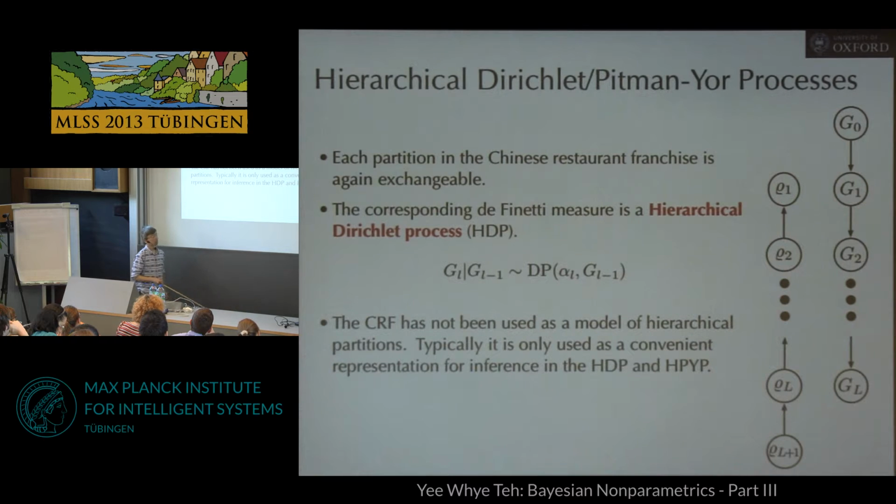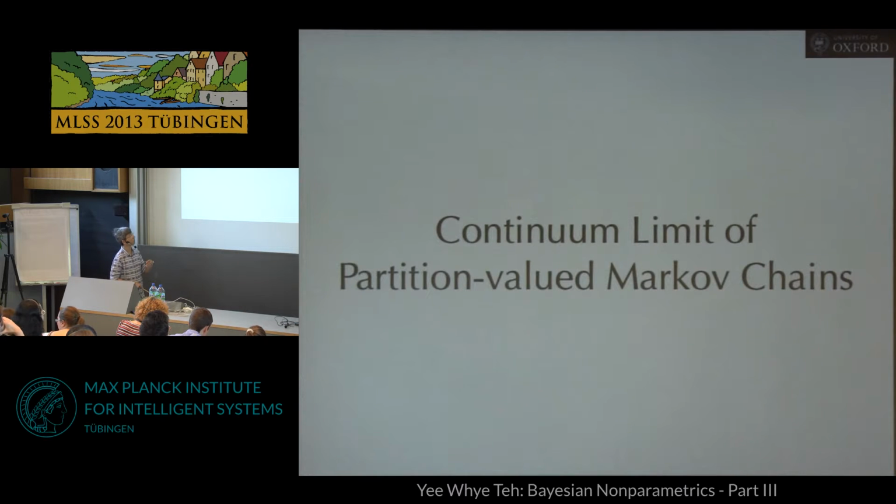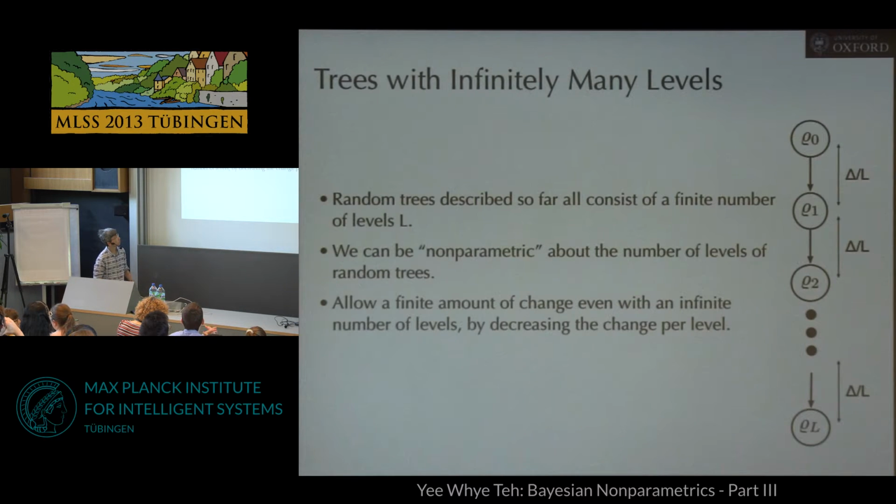Okay, and if you think about Markov chains, they are discrete time processes, where things are evolving in a discrete number of steps. You can take a continuous time limit where, instead of a discrete number of steps, we take a very large number of steps, but each step is very small. So this gives us a continuous time limit of a Markov chain.